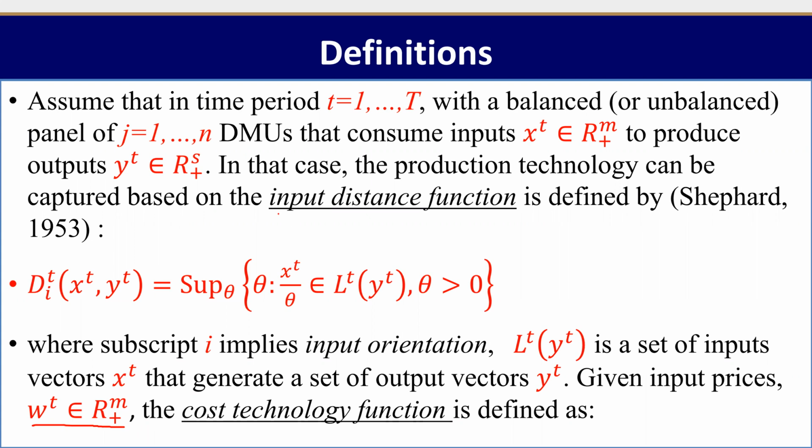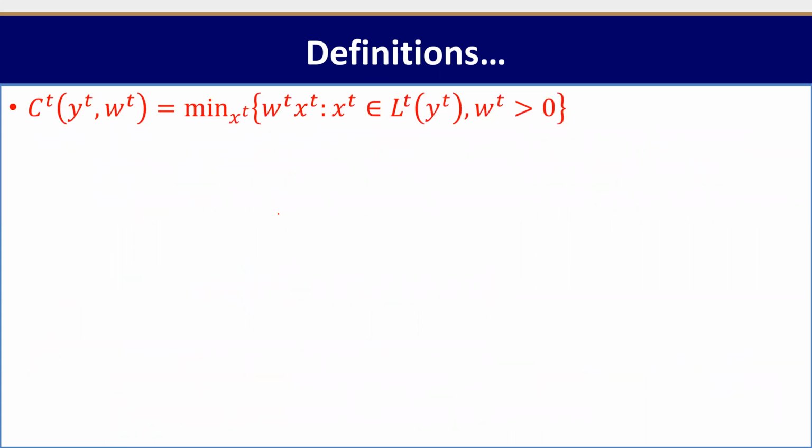Now, what we defined here was the input distance function. How will you define the cost technology function? This is it. The cost technology function is defined as C(y, w) to the power T, indicating that we are dealing with the current time period T.